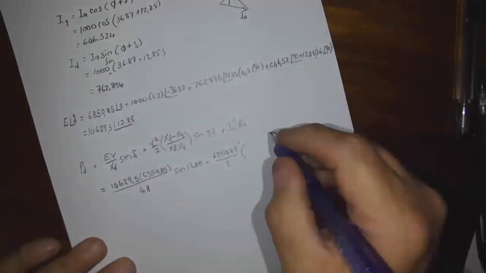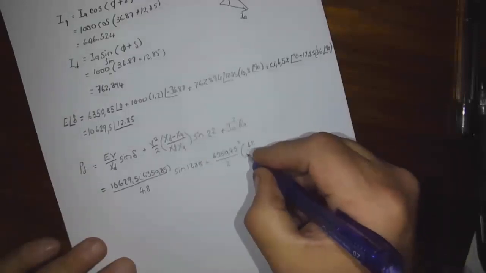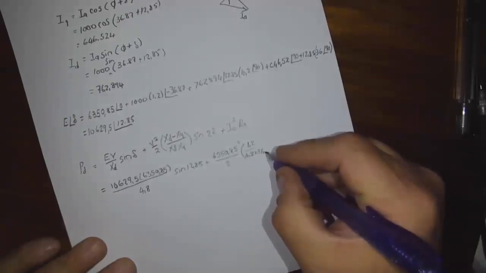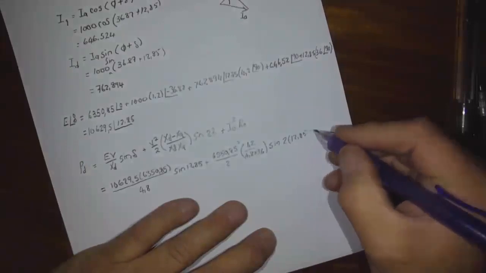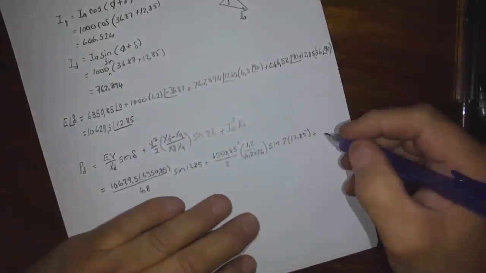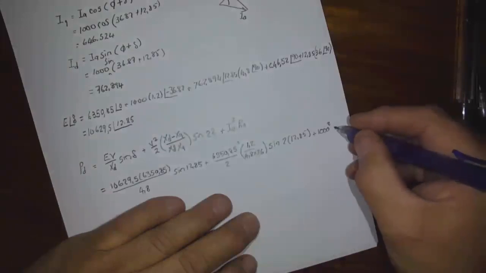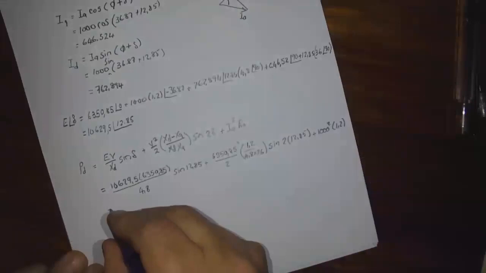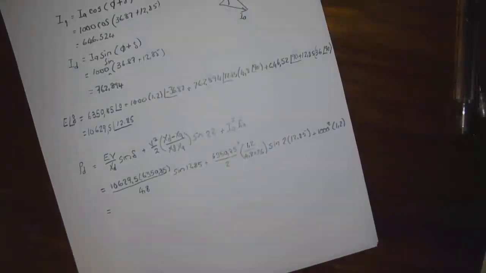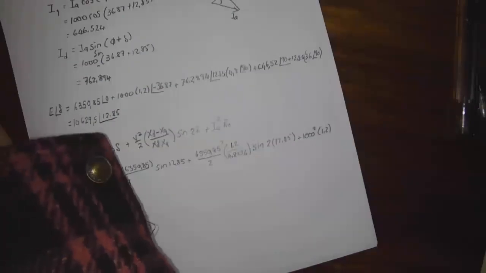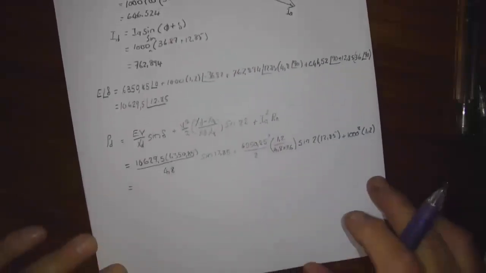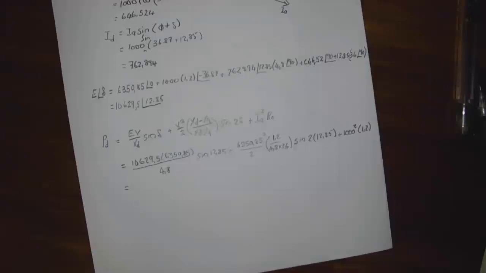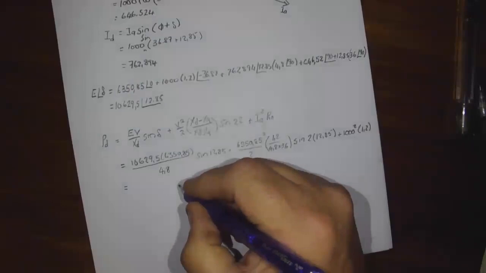And then 4.8 minus 3.6, 1.2 divided by 4.8 times 3.6, sine 2 times 12.85, plus 1000 squared times 1.2. And remember that is per phase.